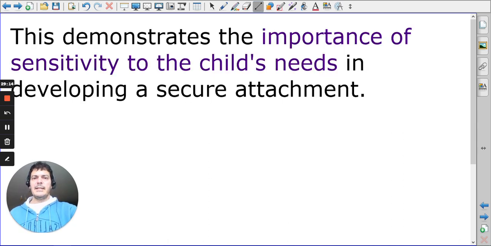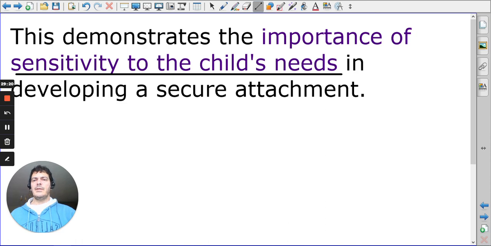So we see that sensitivity becomes an important part of Bowlby's theory, and there's quite a lot of research that supports that sensitivity to the child's needs is important, and even Schaffer and Emerson would agree with this aspect of Bowlby's work as well.